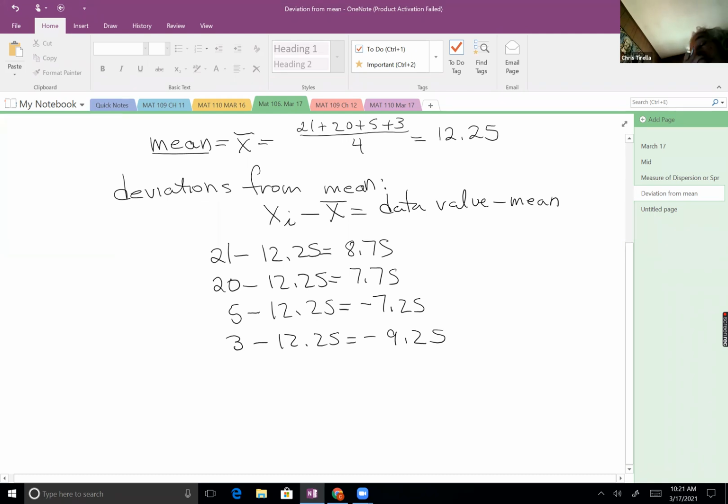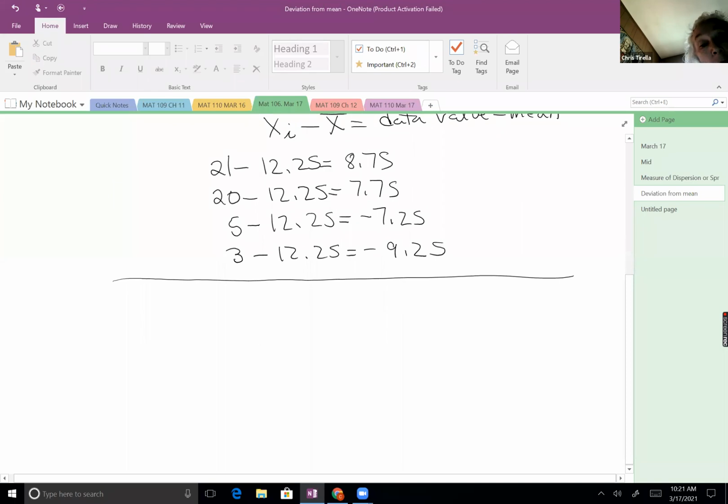And I believe there's a couple questions in my lab. So they ask you to find the mean. And then for each value, they ask you to find the deviation from the mean. And sometimes we talk about those individual deviations, but more often we talk about something that's called the standard deviation.